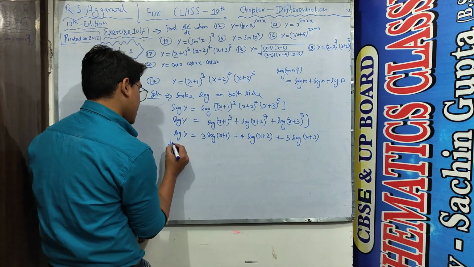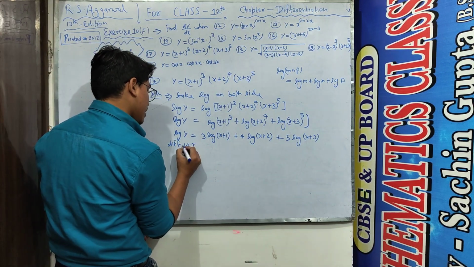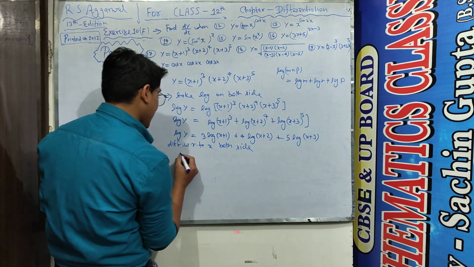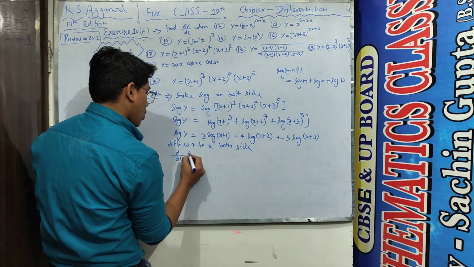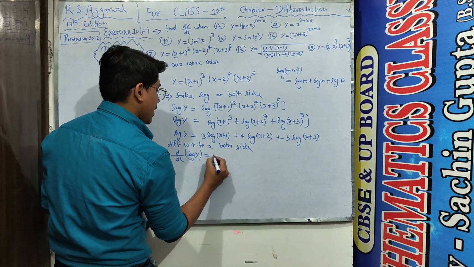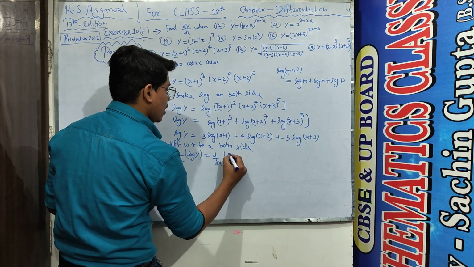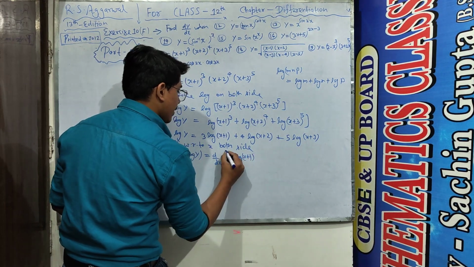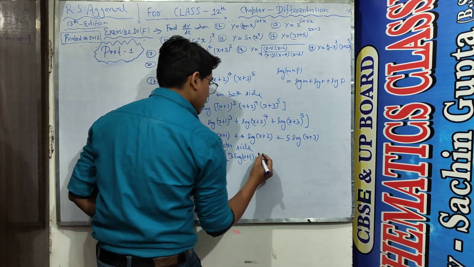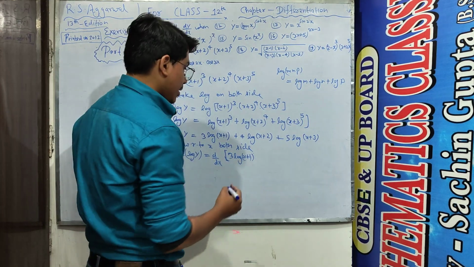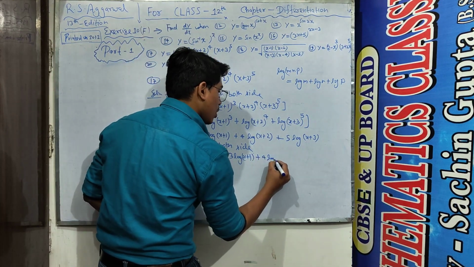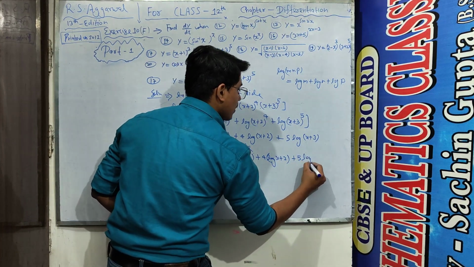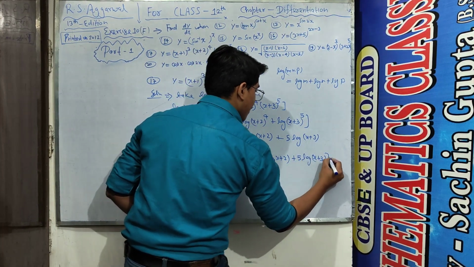Now, student, we differentiate both sides with respect to x, so it becomes d by dx of log y and d by dx of 3 times log (x plus 1) plus 4 times log (x plus 2) plus 5 times log (x plus 3).